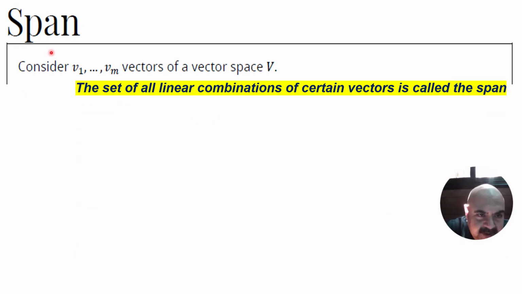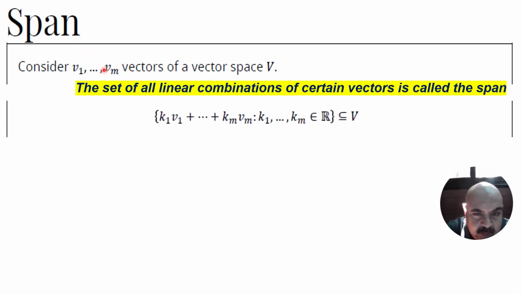What's the span? Let's say I have V, a vector space, with a certain dimension. If I have vectors V1 up to Vm, they are called a span if every vector of V can be a linear combination from the set.